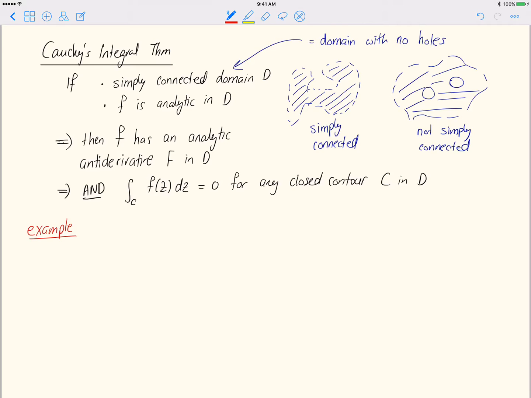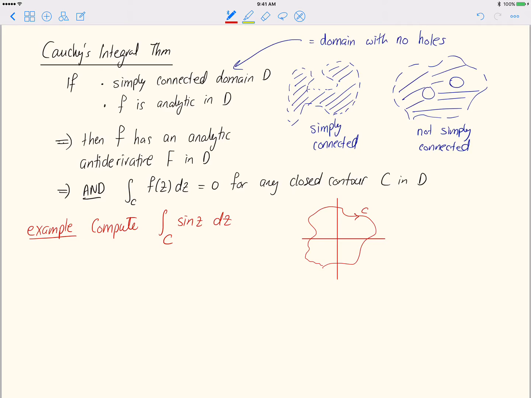Let's say I wanted to compute the integral of sine z dz along some closed contour C. And I'll draw C to be anything actually, so let's say this is the complex plane, and let's say C is the following curve. Something completely random. Okay? Something like that.